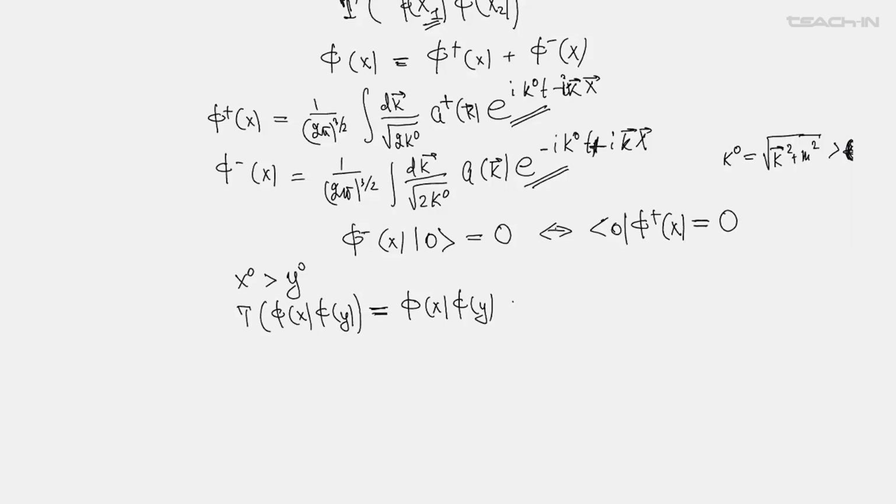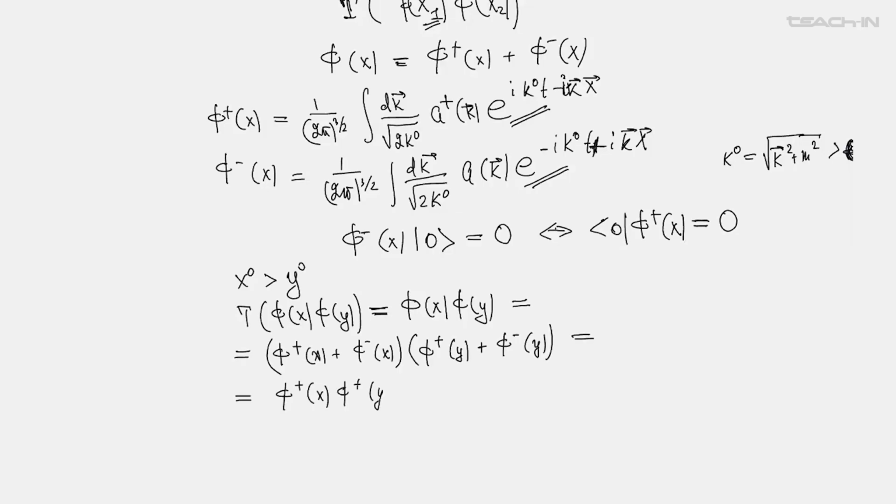So phi plus on x plus phi minus on x, multiplied with phi plus on y plus phi minus on y. Then let's open the brackets and get phi plus on x, phi plus on y, plus phi plus on x, phi minus on y, plus phi minus on x, phi plus on y, plus phi minus on x, phi minus on y.